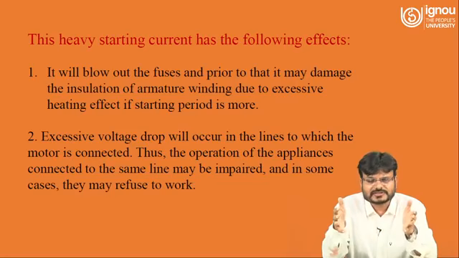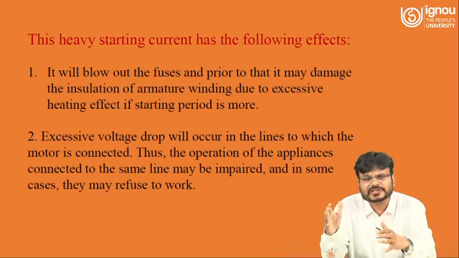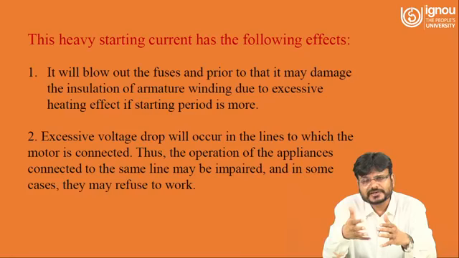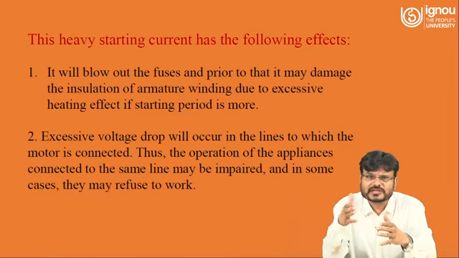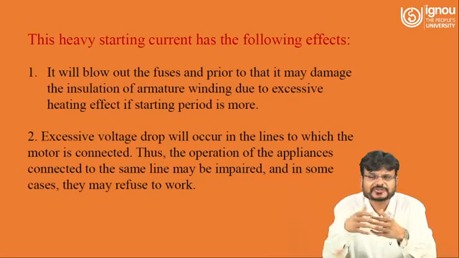Now suppose the period in which this heat is developed, T, is also long. So H = I squared R into T. The current is already very high, and the time is again more, so I squared R multiplied by the time means a huge amount of heat will be developed. Then whatever fuse you are using to protect the DC motor will be blown out.